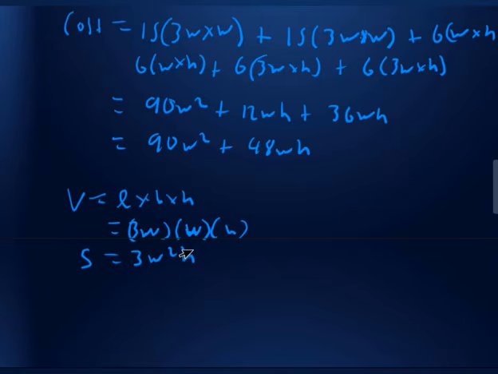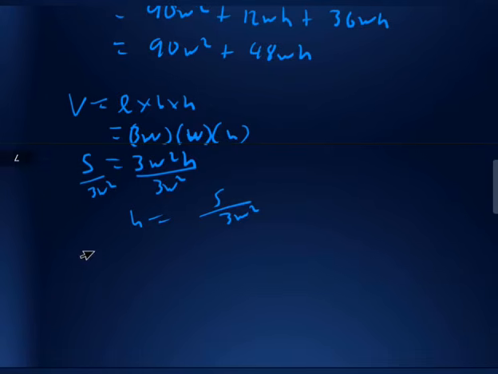So we divide both sides by 3W squared. Therefore, H is equal to 5 over 3W squared. Now we can go back to this formula. Let's write it underneath here. We're going to have 90W, then this is what we have.